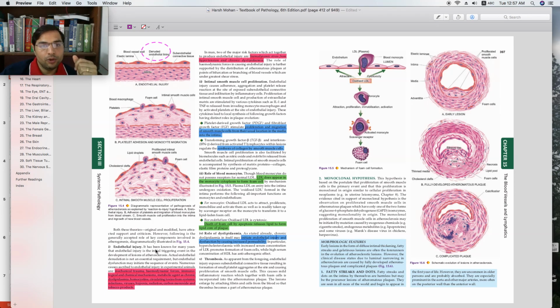So we already know what happens when the endothelial injury takes place. We have studied this in coagulation. Endothelial injury leads to the formation of a platelet plug over the damaged surface.